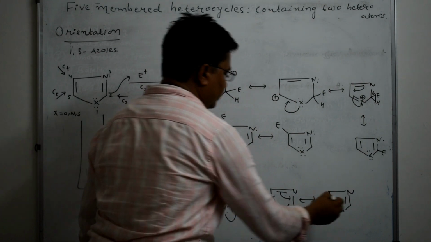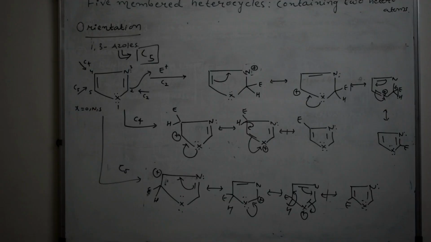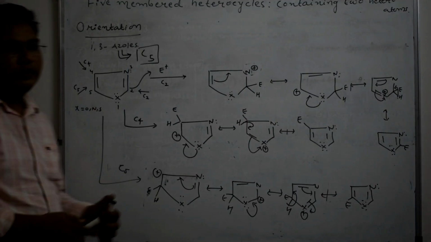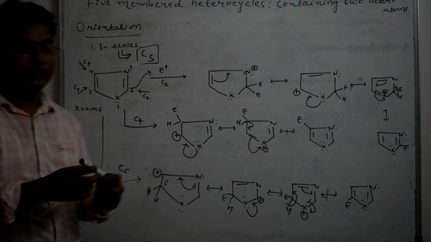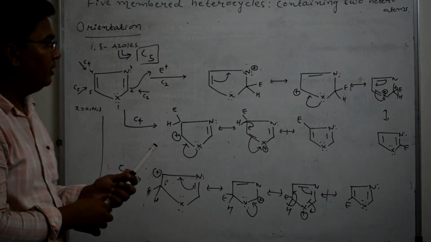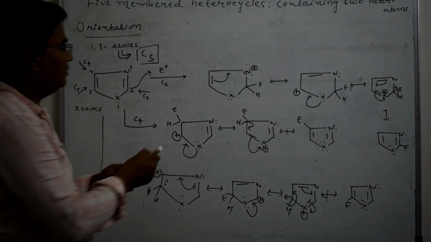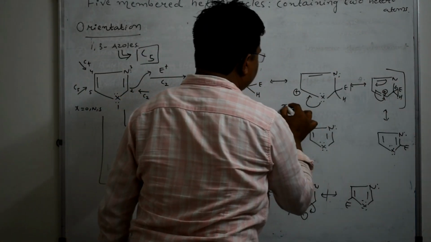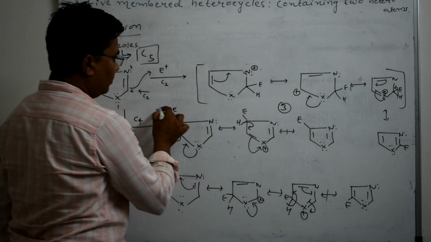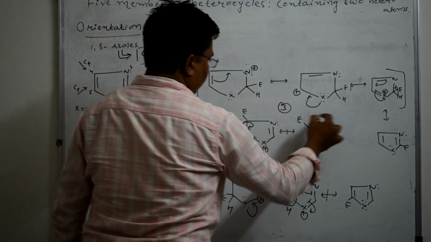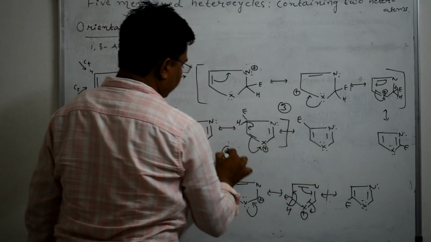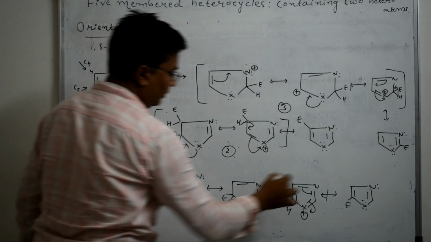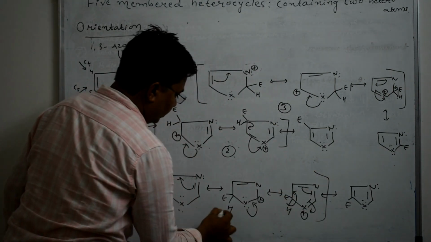So here, to find out the orientation, if you count the resonating structures, you will see here there are 3 resonating structures. Here you can see there are 2 resonating structures, and here you will find 3 resonating structures.